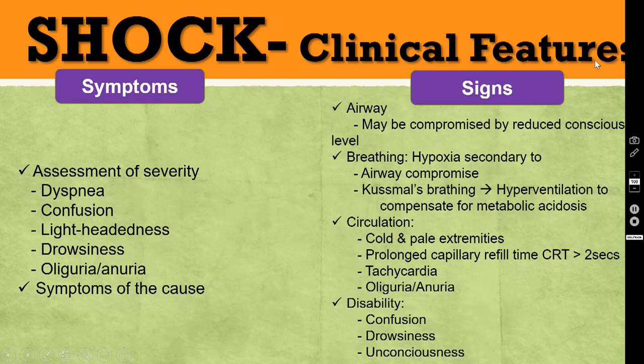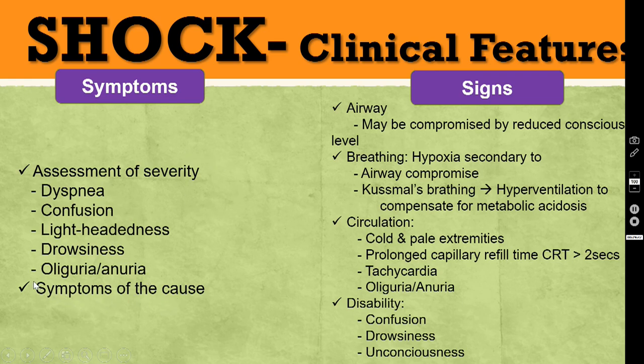So coming to the clinical features. What are the symptoms in shock? I am not discussing any one particular type of shock. In any shock, you have to assess the severity depending on whether your patient is having dyspnea, whether confused, whether the patient is having lightheadedness, drowsiness, oliguria and anuria. All these things will show the severity of the shock.